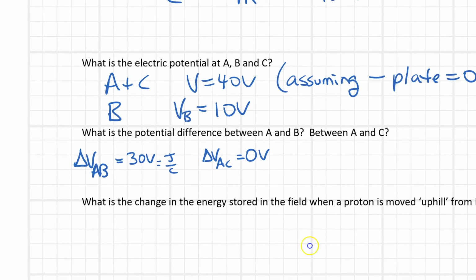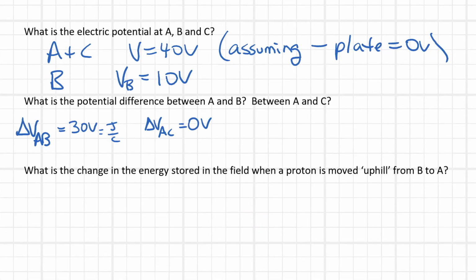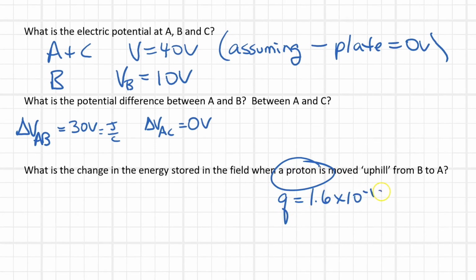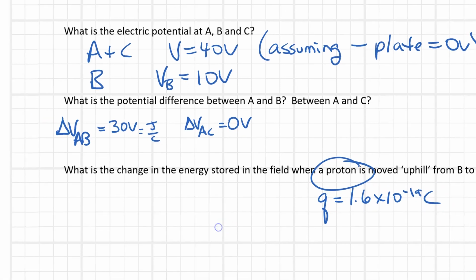Well, here we're actually going to do that. We're going to say, what is the change in the energy stored in the field when a proton, the charge of a proton is 1.6 times 10 to the negative 19 coulombs, moves from B to A? All right, just like we did a second ago, the potential difference is equal to the change in the energy per charge, per coulomb.